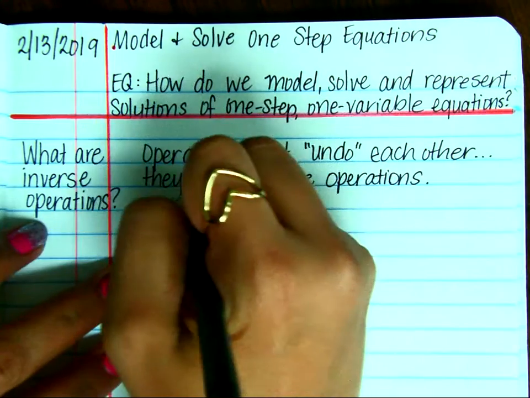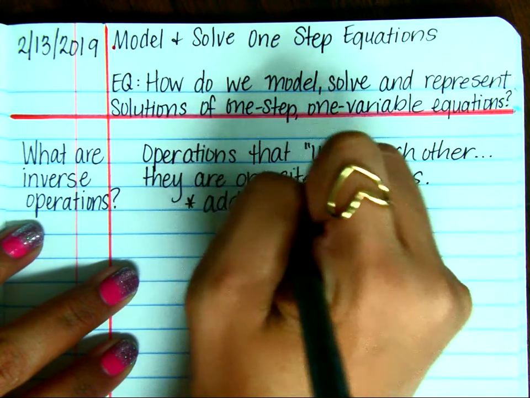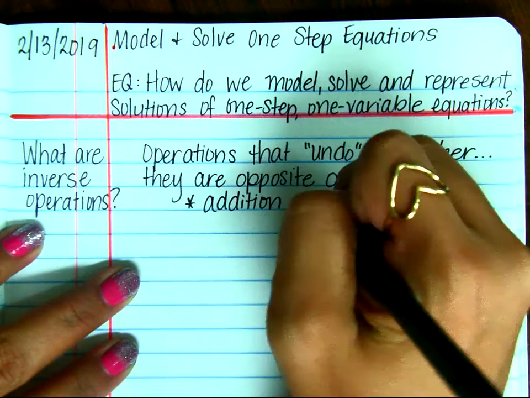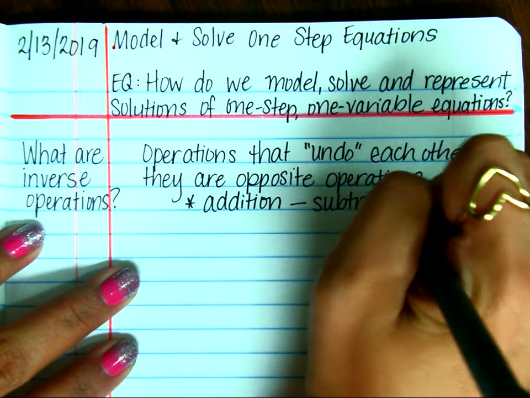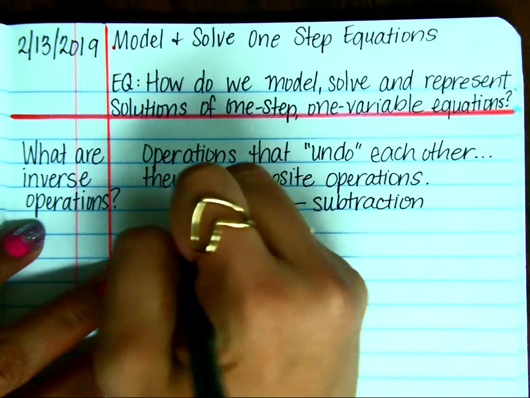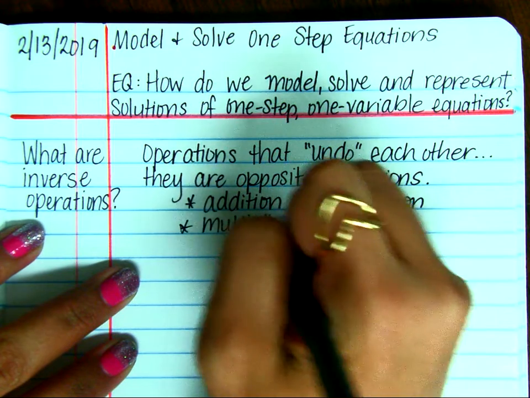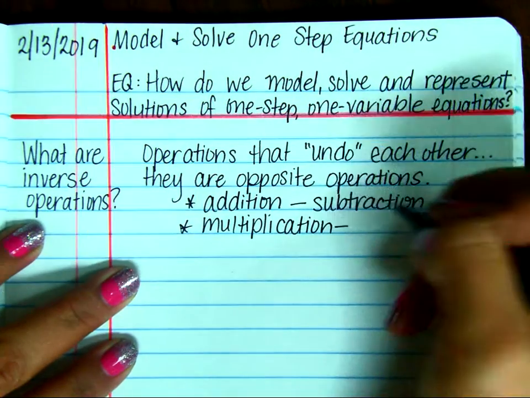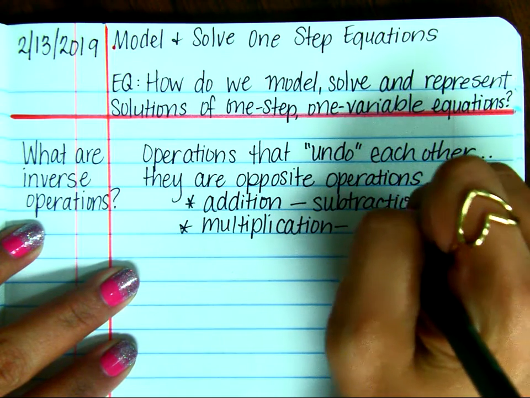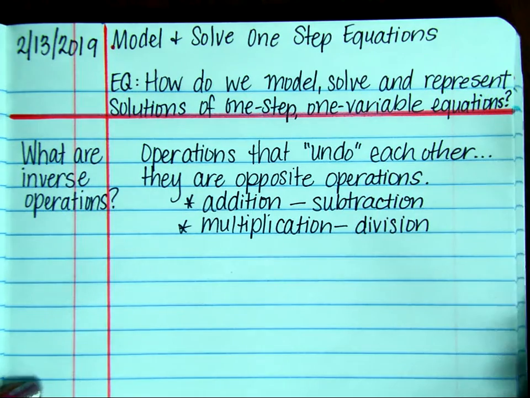So we know we have addition. So the inverse of that would be subtraction. And we have multiplication. And the inverse of that would be division. Okay. So these are our inverse operations.